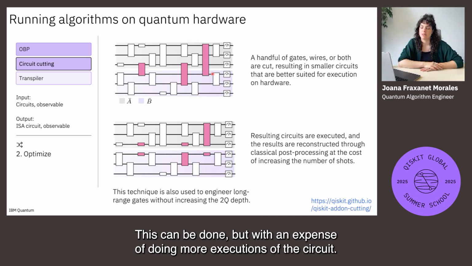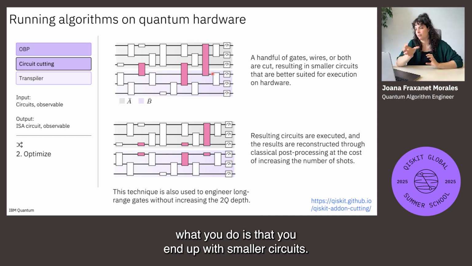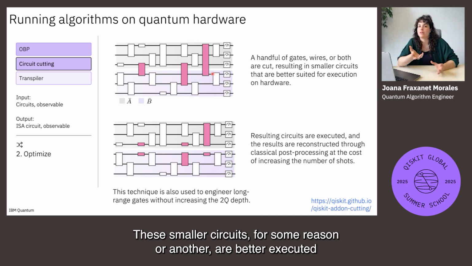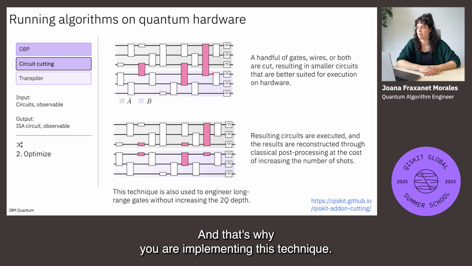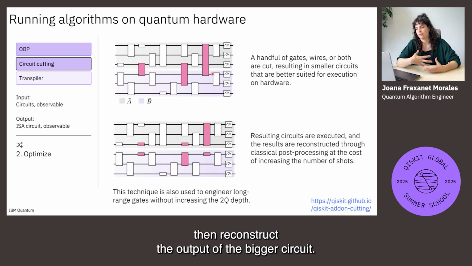This can be done, but at the expense of doing more executions of the circuit. So when you make these cuts of wires or gates, you end up with smaller circuits. These smaller circuits, for some reason or another, are better executed on hardware, and that's why you're implementing this technique. And then from the output of these smaller circuits, you reconstruct the output of the bigger circuit.